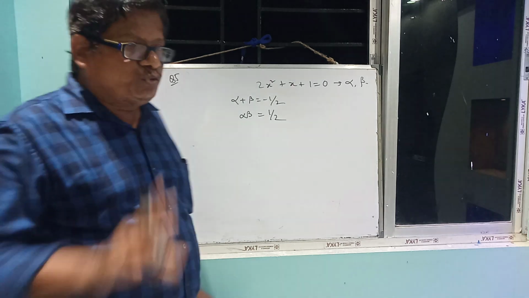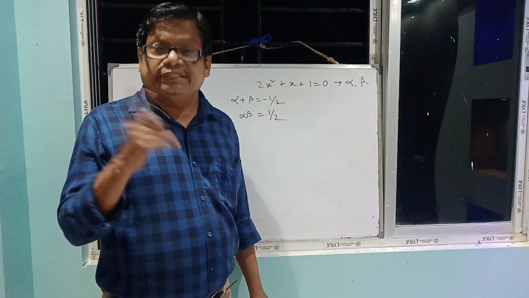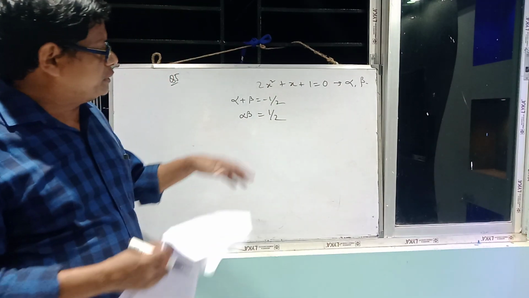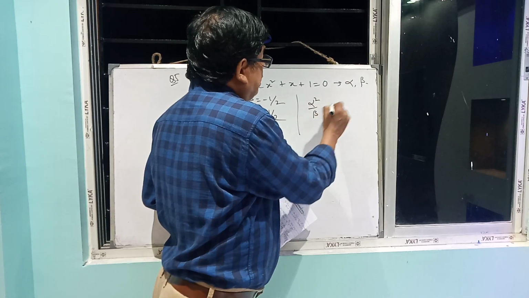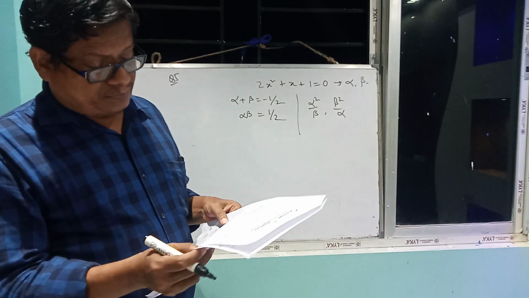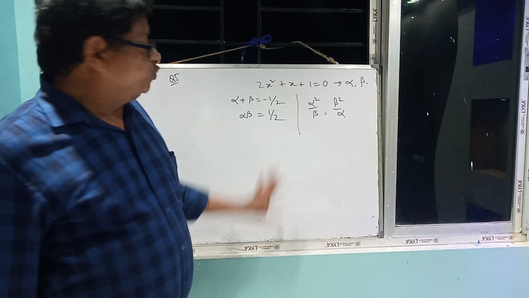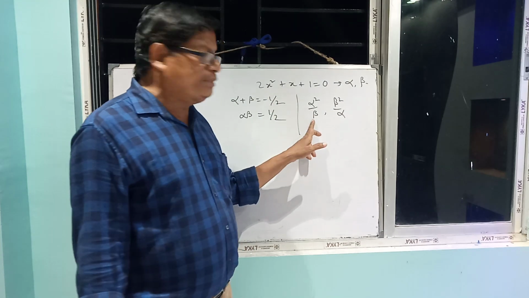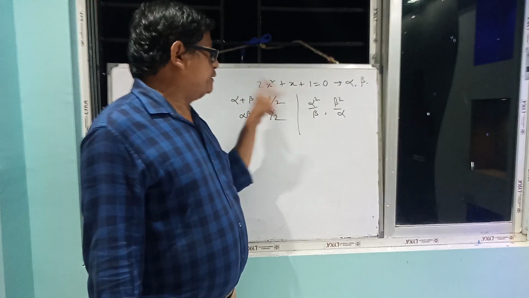Again, find out one equation, that is called equation. Roots are given. What is the root? See, the required equation's roots are alpha square by beta and beta square by alpha. So it is not factorization.